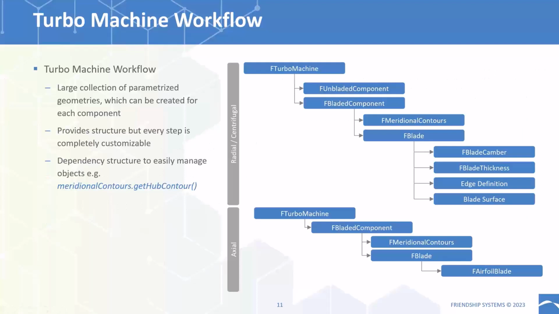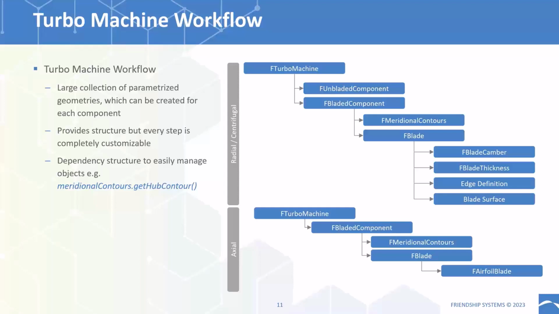So this is a little bit of a view of what this turbomachinery workflow entails. So basically, the content of this workflow is a large collection of components and parametrized geometries that can be created throughout the modeling process with a certain hierarchical structure.